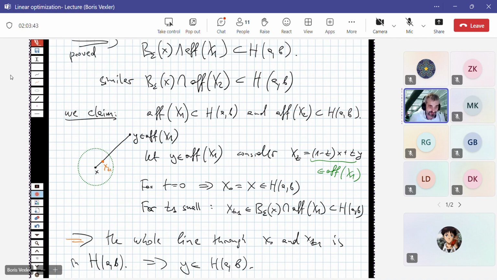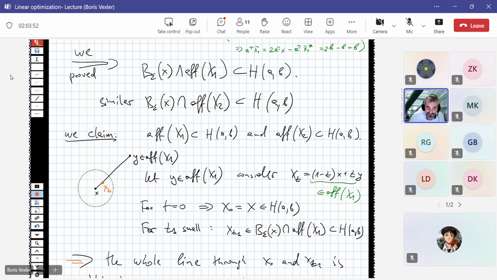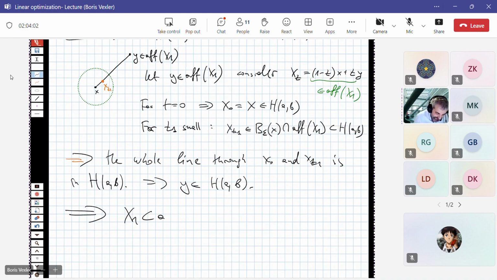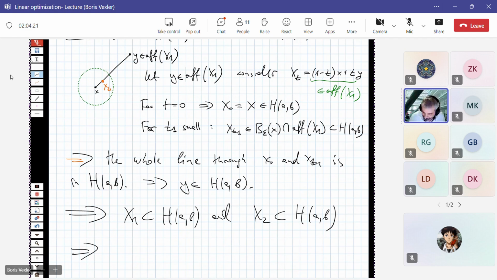Now from this, if the affine hull is in H_AB, then of course also X1 itself is in H_AB, since X1 is a subset of its affine hull. Therefore X1 is in the hyperplane and X2 is in the hyperplane, and therefore there is no proper separation.